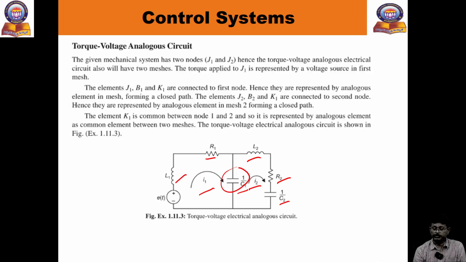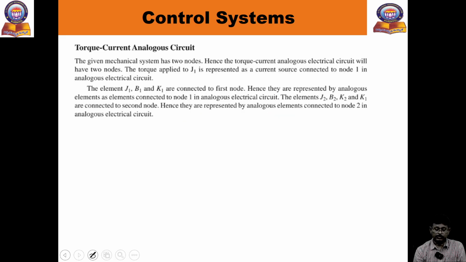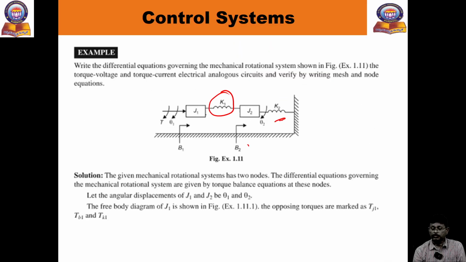B also is common between the two nodes. These are the individual elements, and this is the common element between V1 and V2. So J1, B1, then K1, the common element. Like that you will get the simple equation.